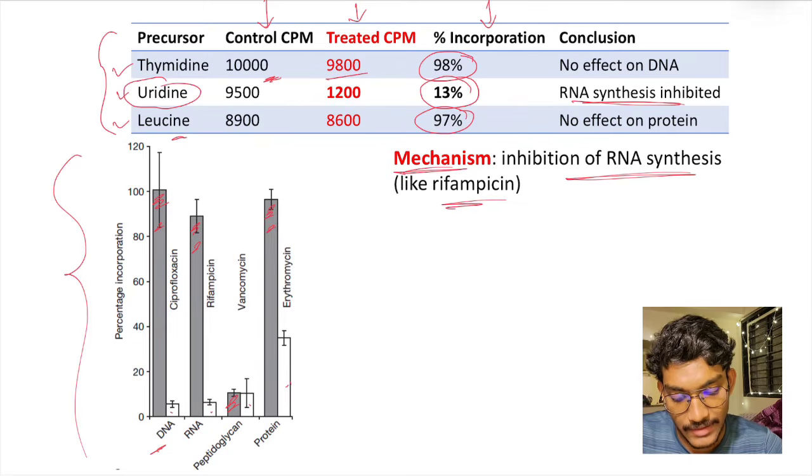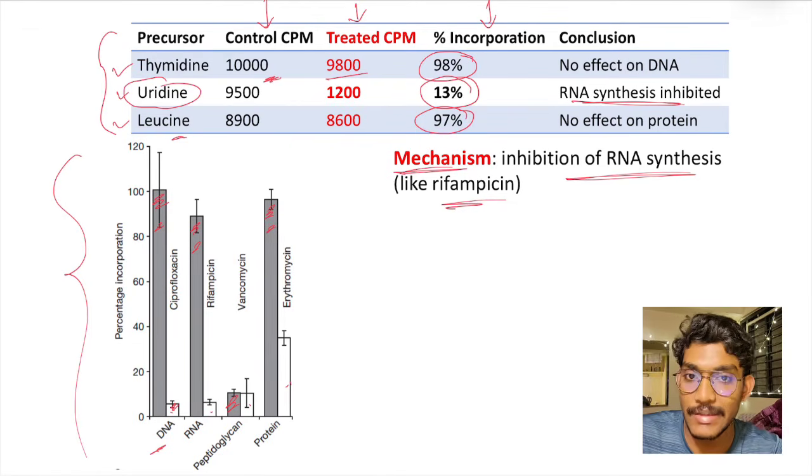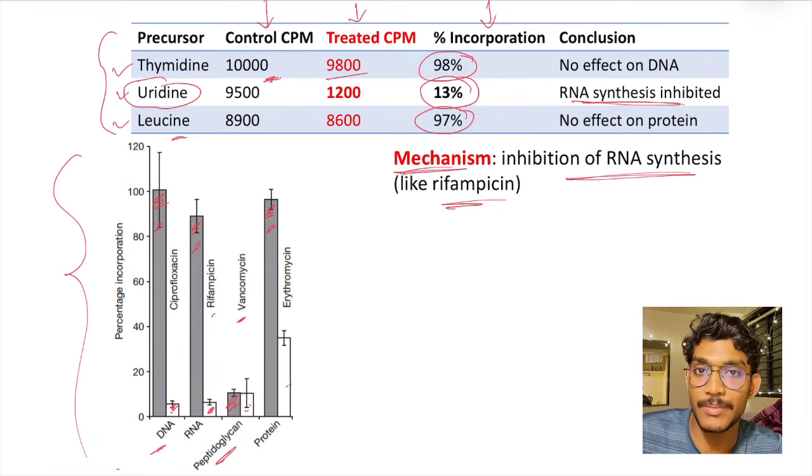Now for DNA, this is an antibiotic which inhibits DNA synthesis. For RNA, this is an antibiotic which inhibits RNA synthesis, like rifamycin. This is peptidoglycan. So for peptidoglycan, this is an antibiotic which inhibits peptidoglycan biosynthesis. For protein synthesis, this is the erythromycin antibiotic which inhibits protein synthesis. And the gray color bars are basically the antibiotic for which we don't know the exact mechanism of action.